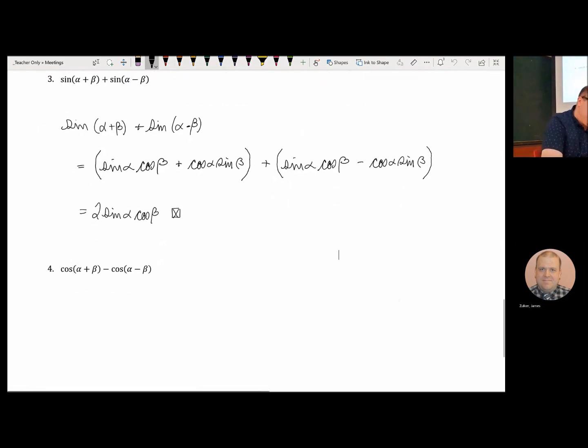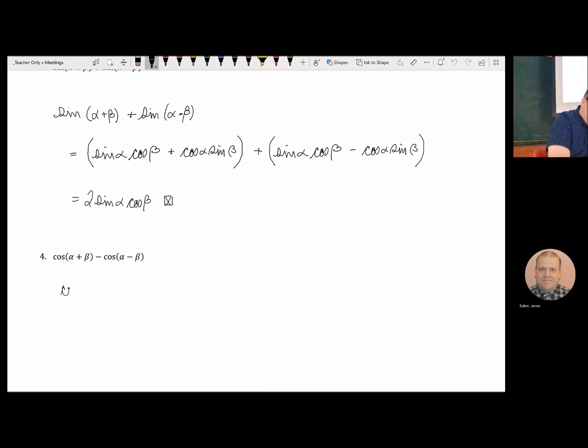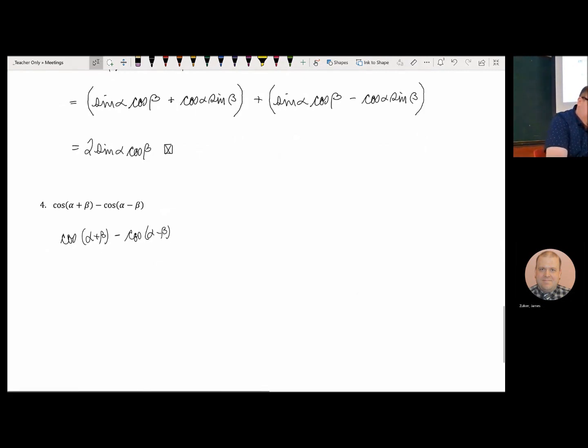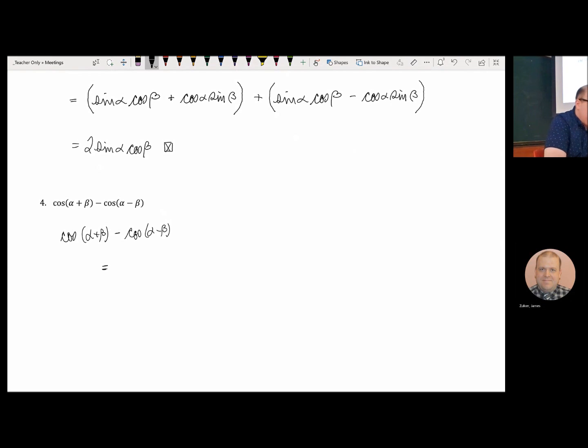Here's another identity. Again, use the sum and difference identities. Rewrite cosine of alpha plus beta. What is it?